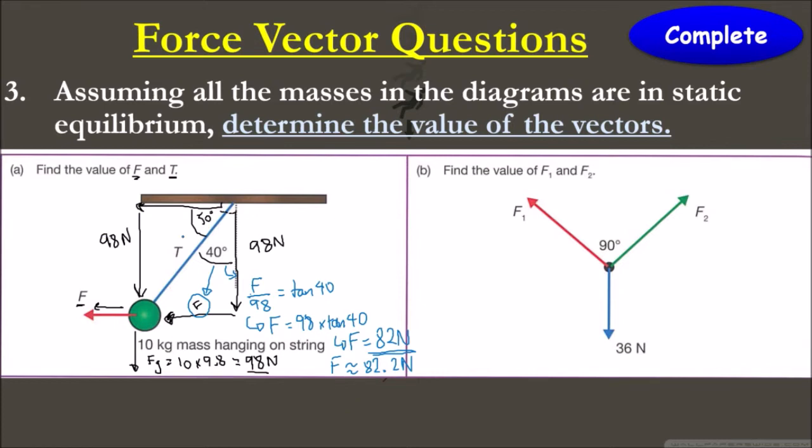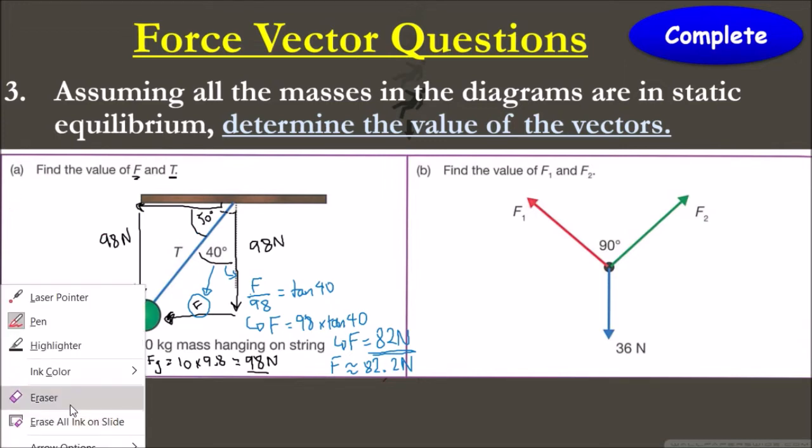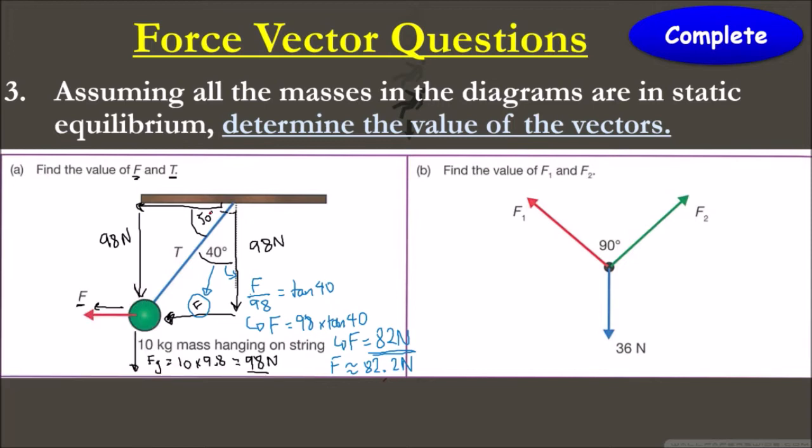Next is to find the tension force. Again I'll use a different color so we can differentiate. Use red. We have this value here, the adjacent side, and here we have the hypotenuse. So we can use cos theta to work this one out.